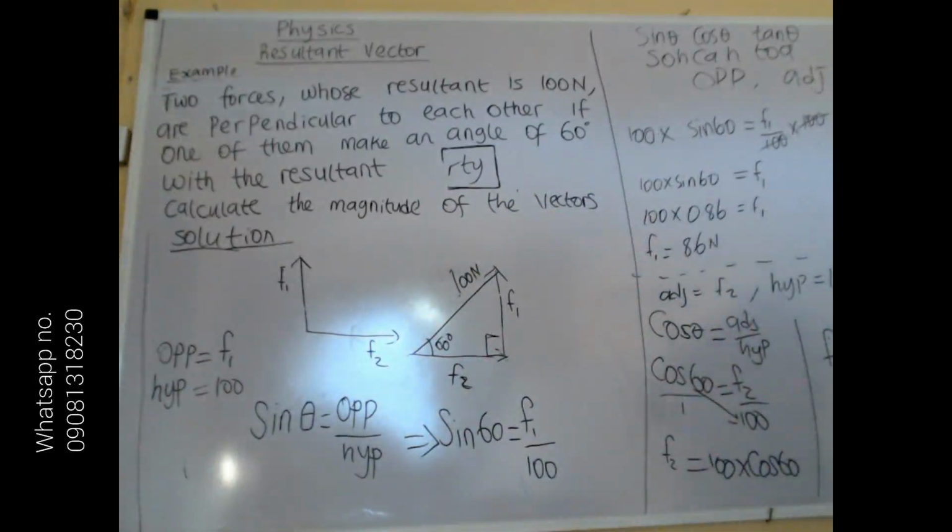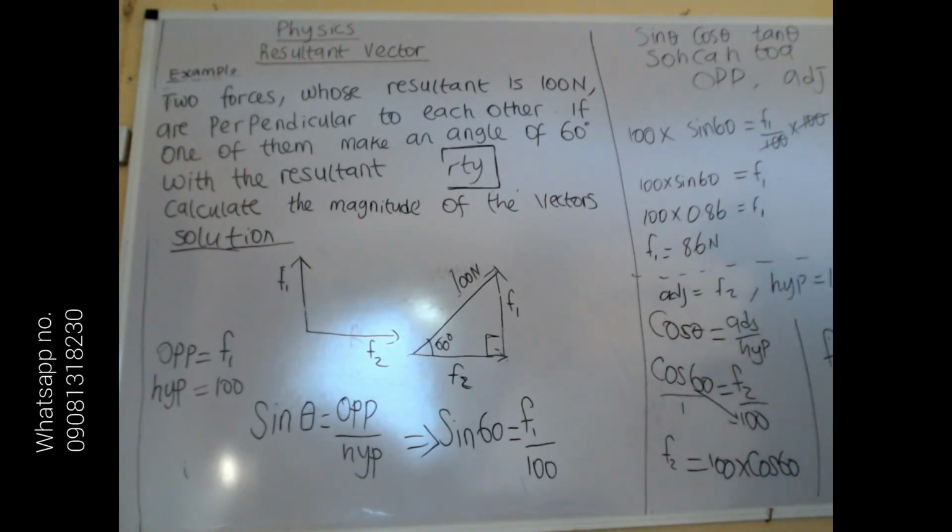Cos 60 is 0.5, which will give us 50 Newton. So the two forces in this question were 50 Newton and 86 Newton approximately.